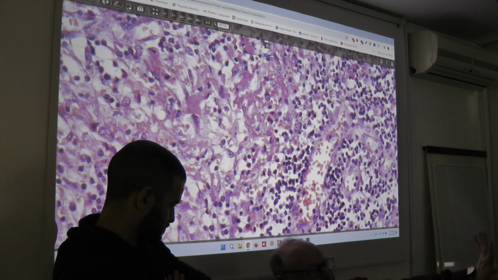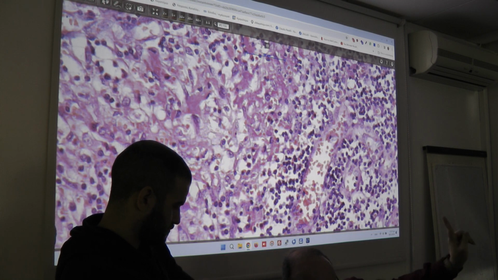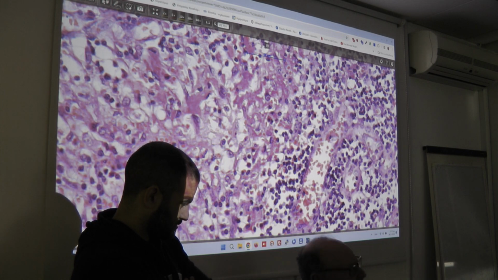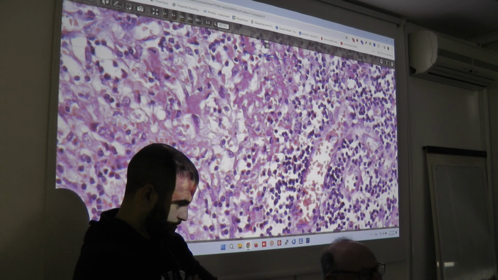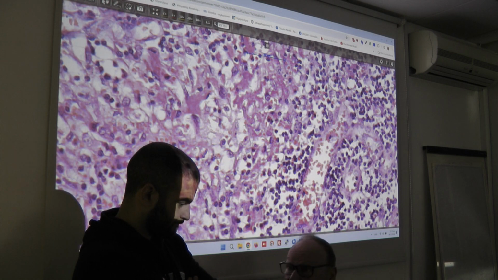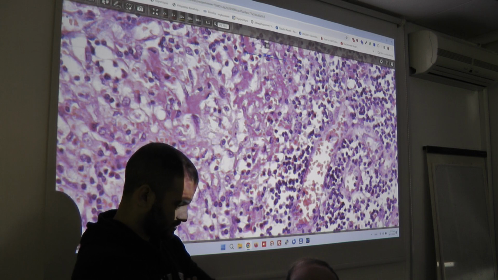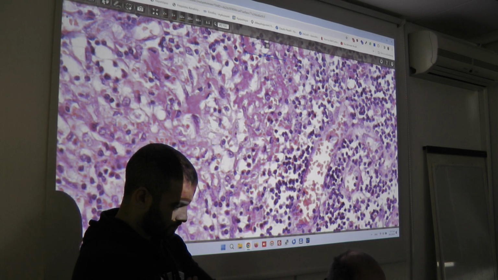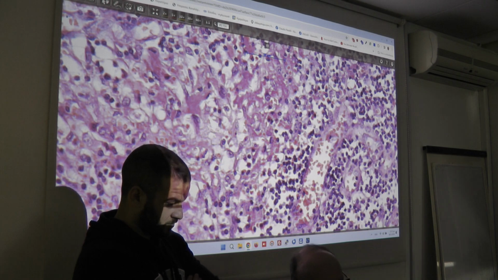Now, it's not that old. So what's this? This is inflammatory granulation tissue. That's why we call this area an ulcer. Okay? So that's the ulcer. Did you understand what the ulcer is?